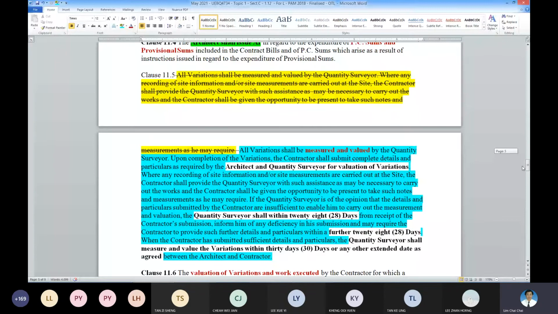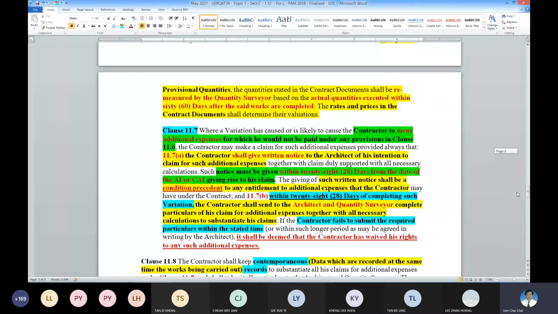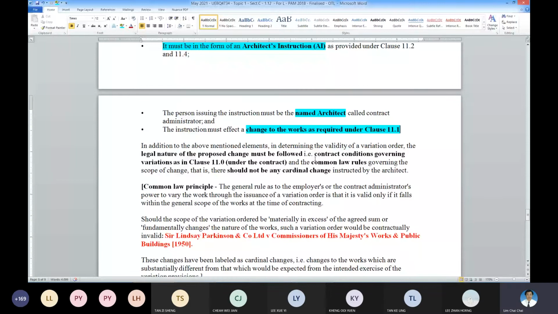Okay, so in addition to the above, this is something that will help you understand the principle of a valid VO. The validity of the VO must follow the contract requirement or the concept of the contract.